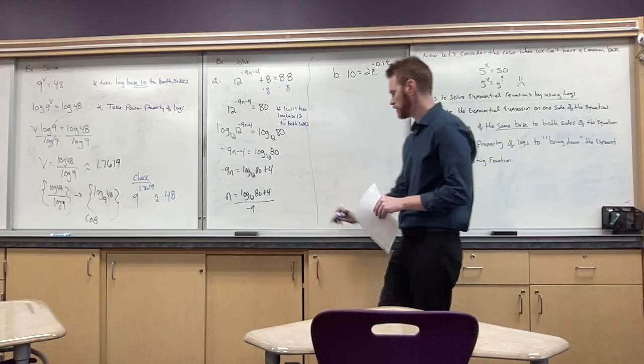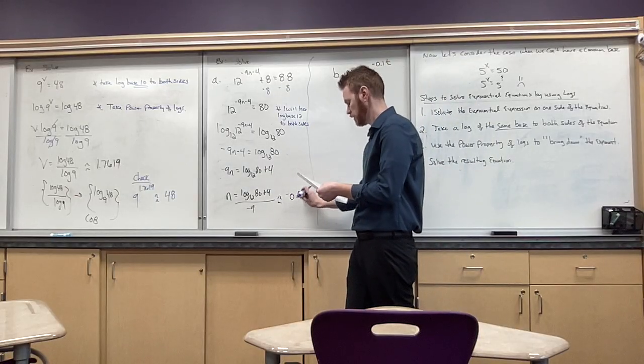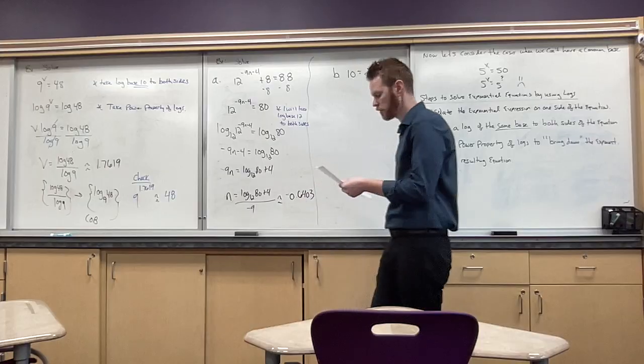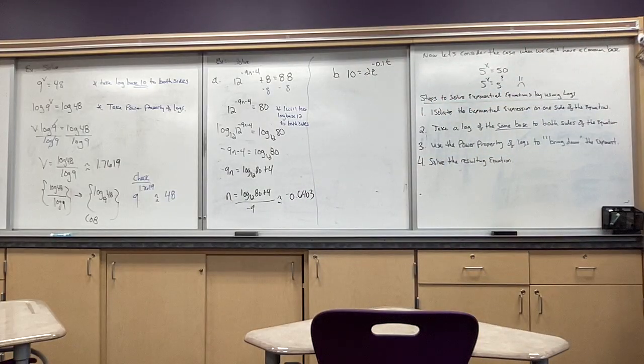And like I said, if you want an actual approximation, negative 0.6403. Again, not something you'd probably figure out on your own just by guessing and checking different things like that. So having these things in place really helps.